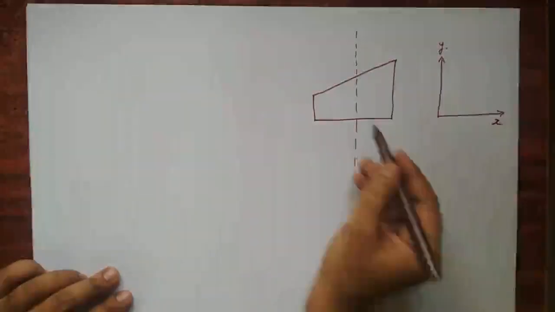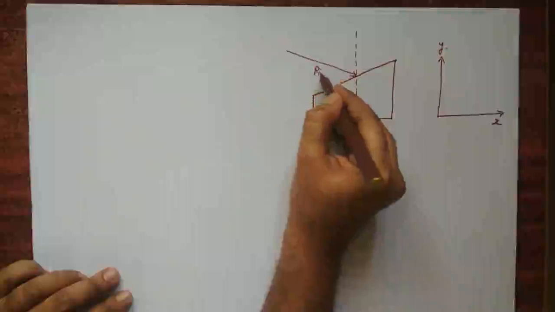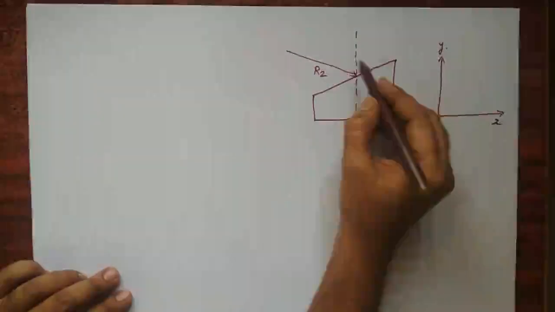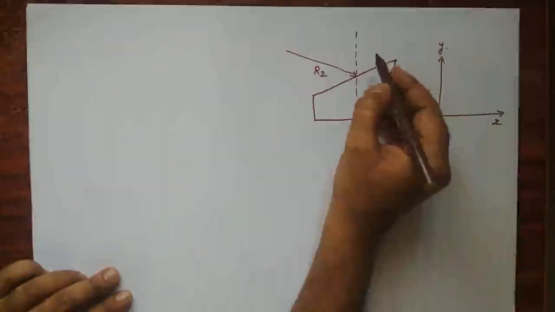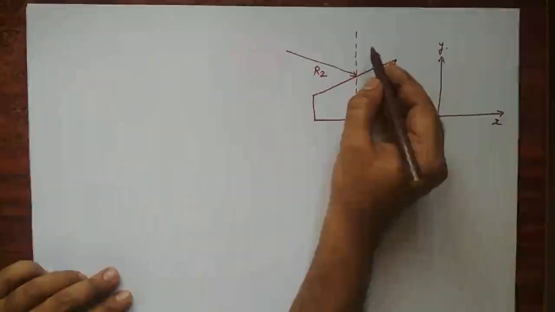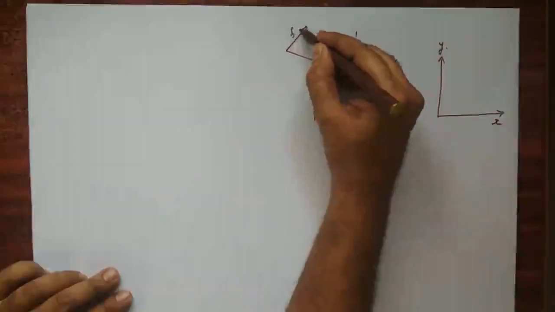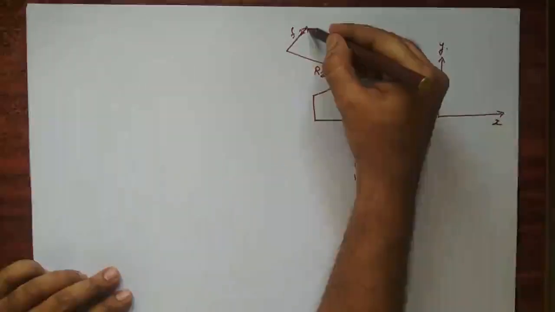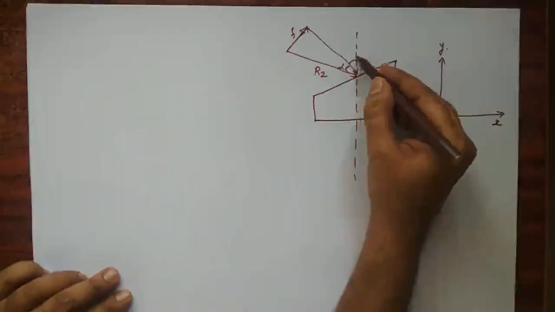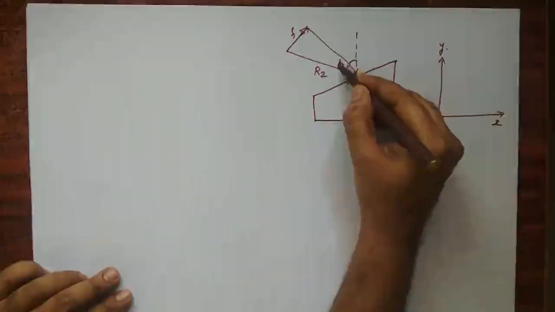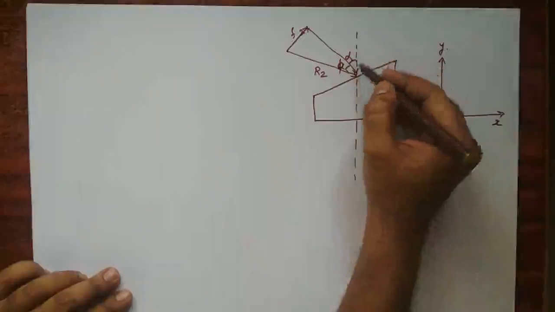So here this is my R2, and this is F2. This is the phi angle, and this is alpha. This is N2 actually.